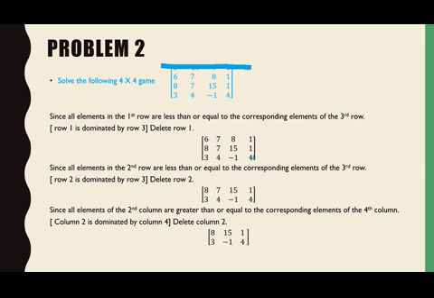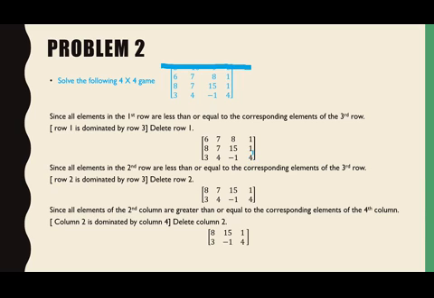Now compare the second row with the third row. 3 is less than 8, 4 is less than 7, minus 1 is less than 15, 4 is less than 1.